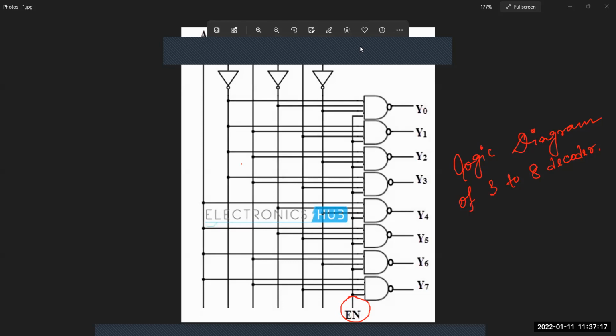Okay, so next is the dual 2 to 4 decoder. What is a dual 2 to 4 decoder? In the earlier class, I already mentioned the IC number of the dual 2 to 4 decoder, that is IC 74139.